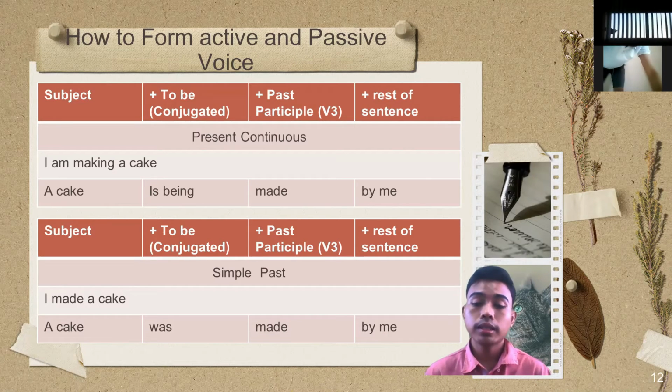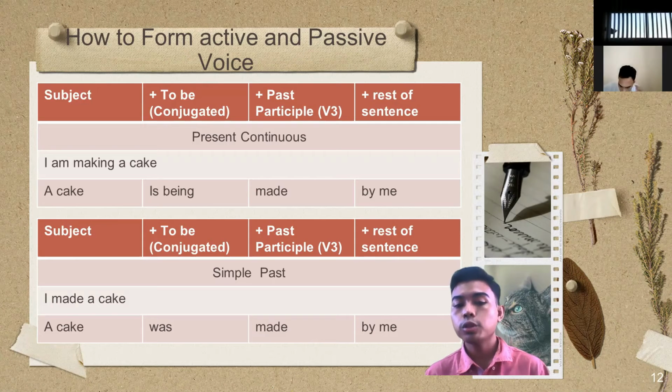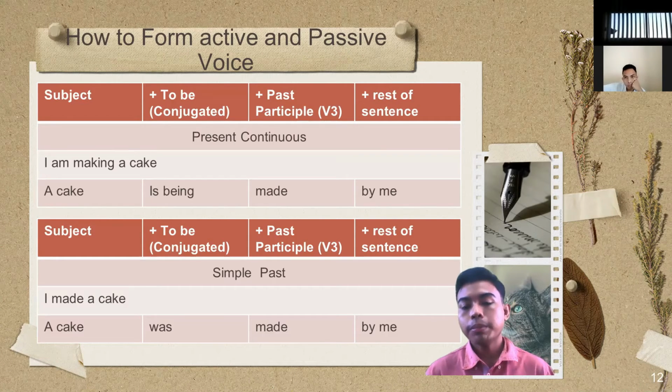Okay, next about simple past tense. The example sentence is I made a cake. The subject is a cake, the to be is was, and the past participle or verb 3 is made, and the rest of the sentence is by me.